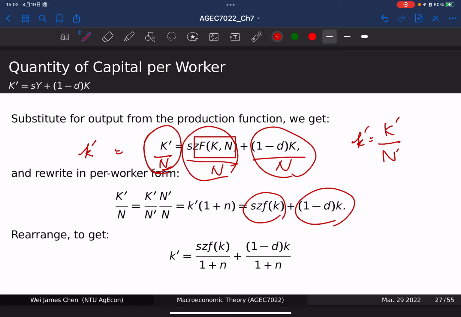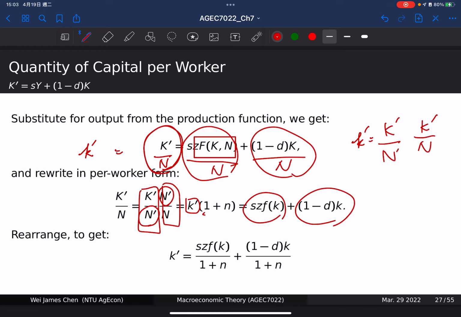But what we have here is K prime divided by current period population. So we need to do a bit of a trick. We basically put an n prime here and n prime here, so that it can actually cancel out. And by doing that, I know this is lowercase k prime.